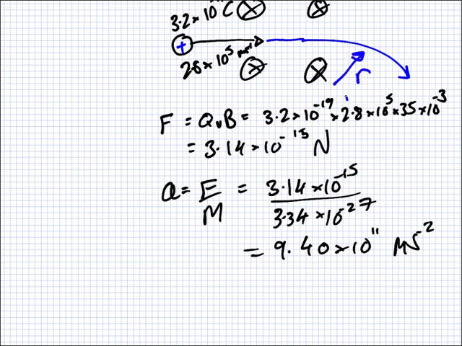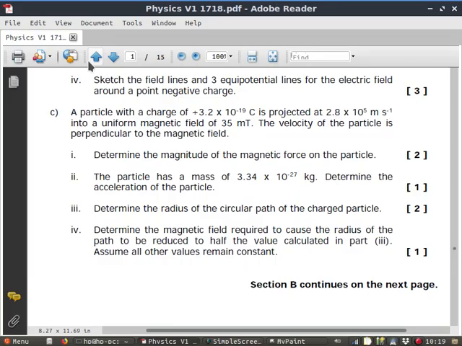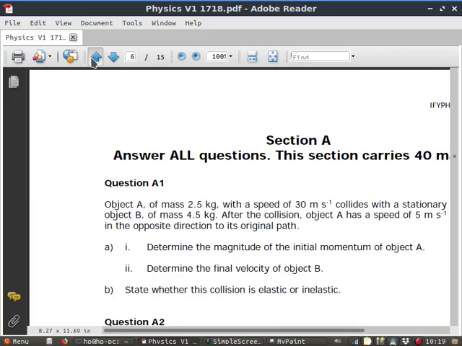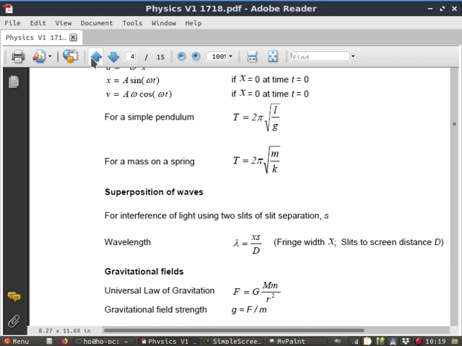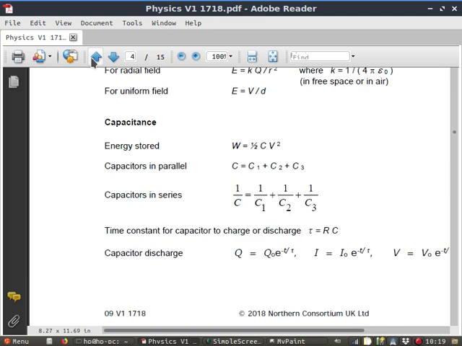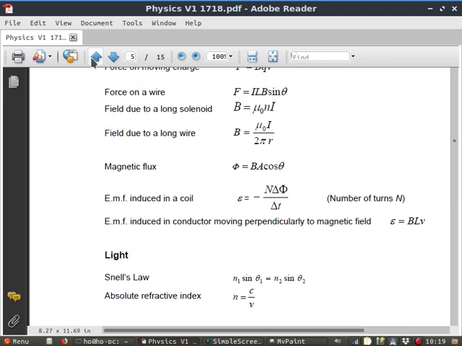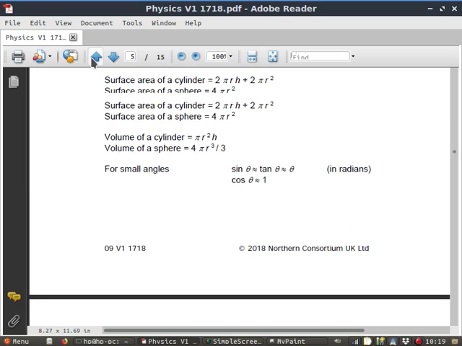Good news for you, good news. If you look at the formula book, where is it?